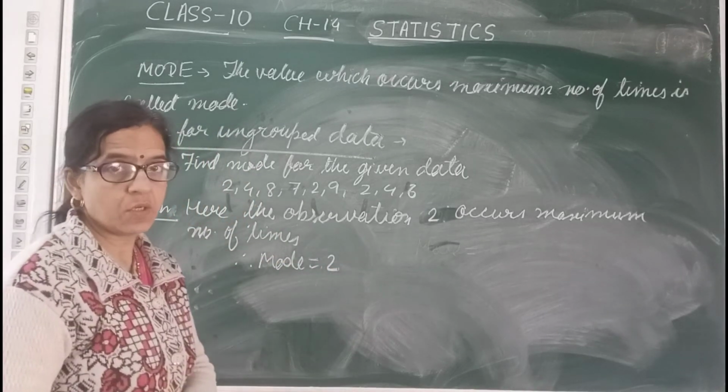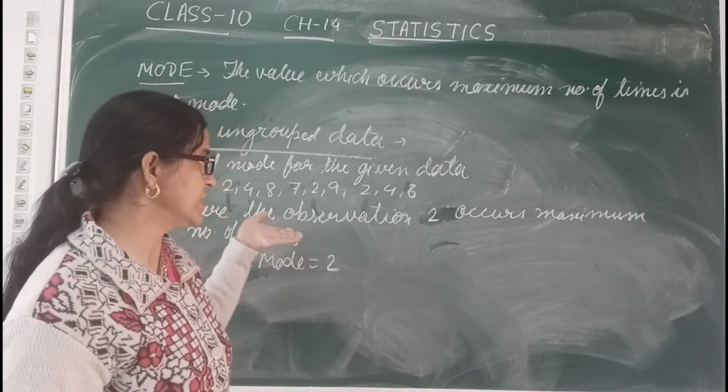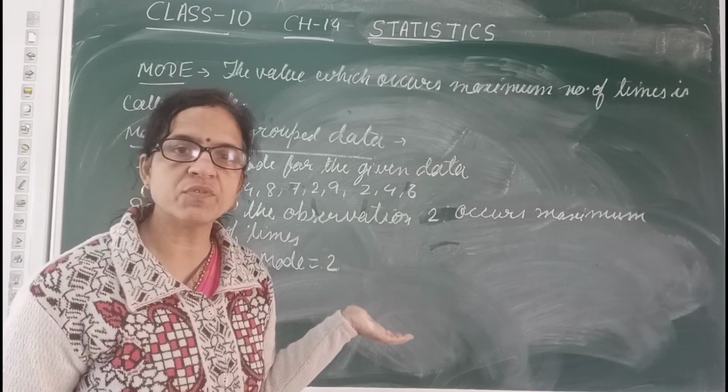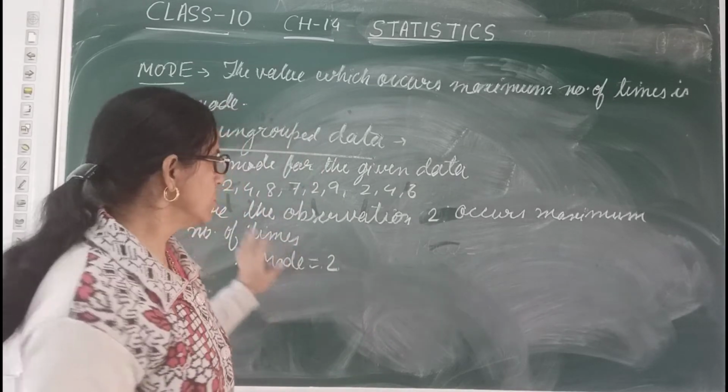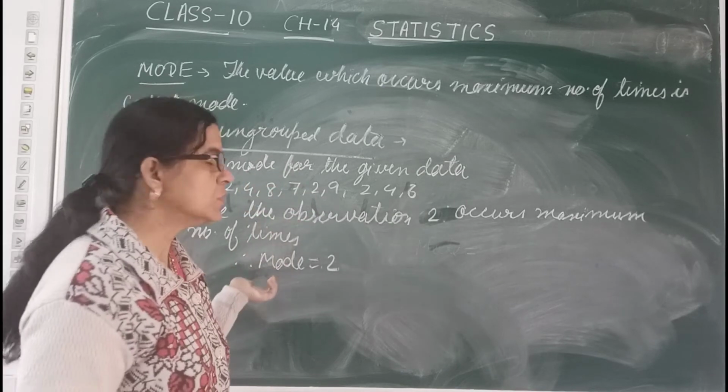In other words, the value or the variate which dominates, obviously the value which occurs maximum number of times, that only will dominate. So mode for this given data is 2.